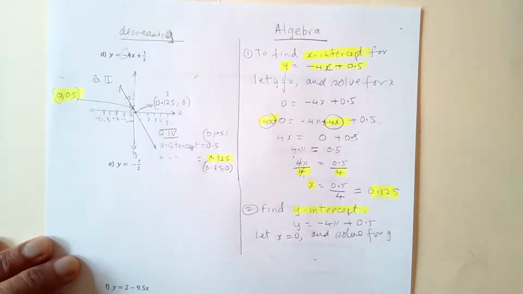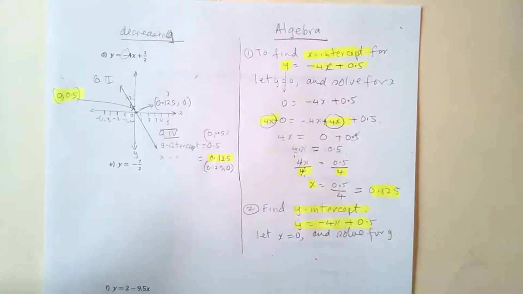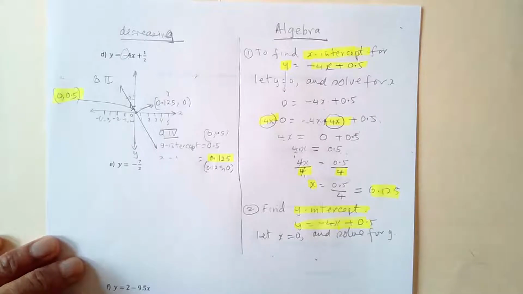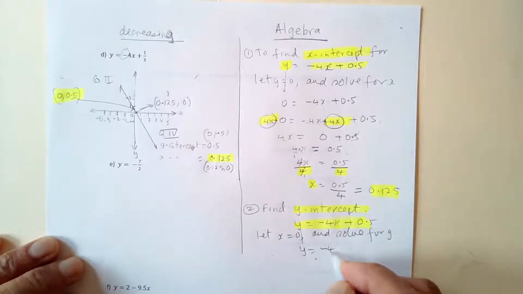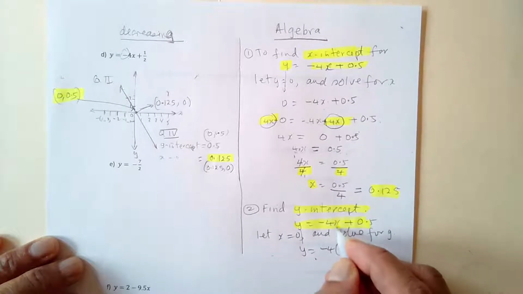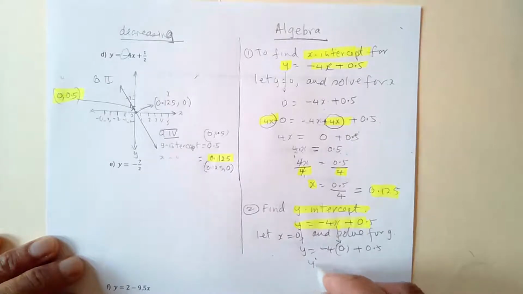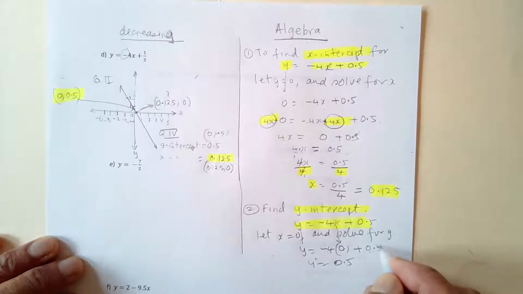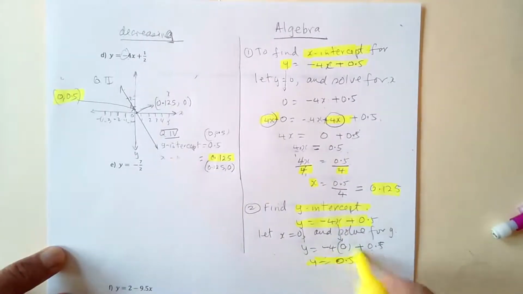So now if we go back to our equation here, if x is 0, let's bring it down here: y is equal to negative 4 times 0, plus 0.5. So this will give us 0. So y is equal to 0.5, and that's what we ended up with here.